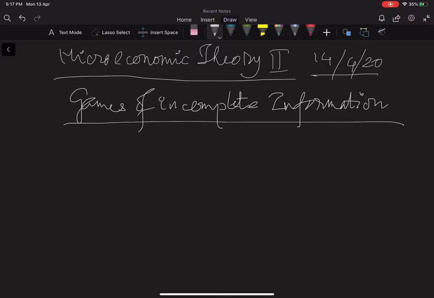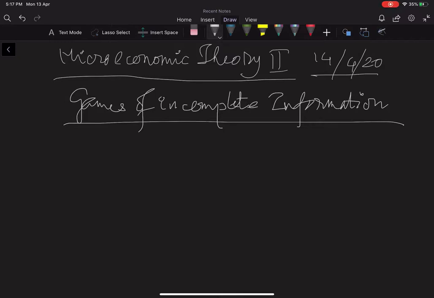In extensive form games we had considered cases where some players do not observe which specific node they are in, so they have multi-node information sets. But even in that case, the entire game and the payoff consequences of all possible actions taken by all the players are completely known, right?